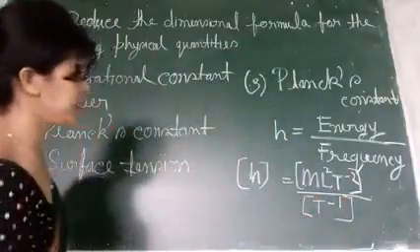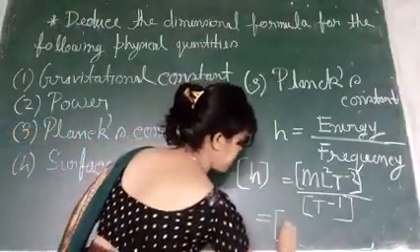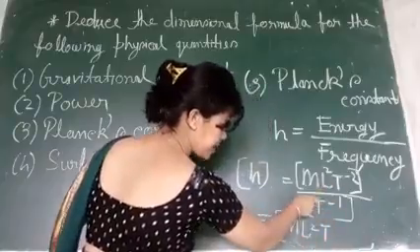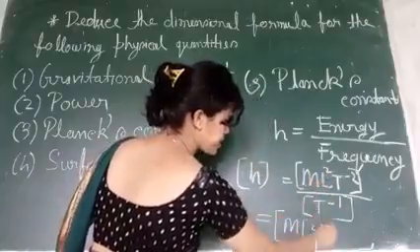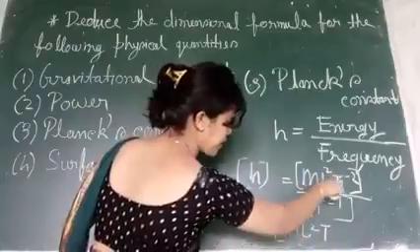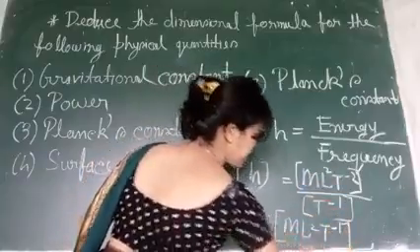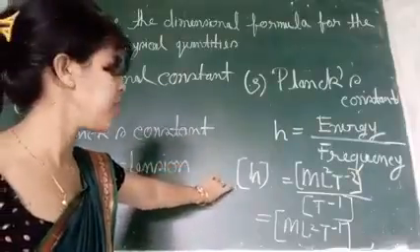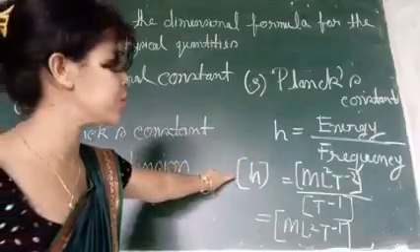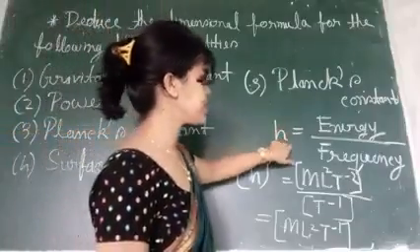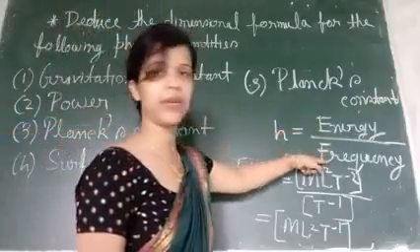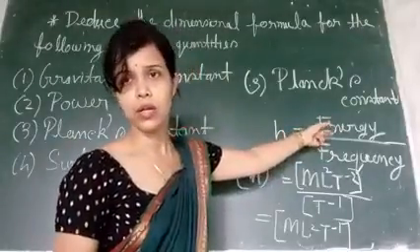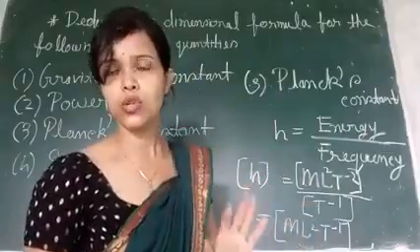So what will the result be? M L square T to the power minus 2, and if we bring this term above, then the result will be M L square T to the power minus 1. In this way, we get the dimensional formula or equation for Planck's constant H also. How can we get H? Planck's constant is energy divided by frequency. For energy, the unit of work done is also one kind of energy.